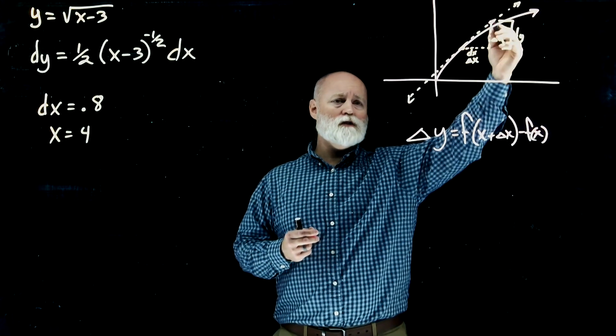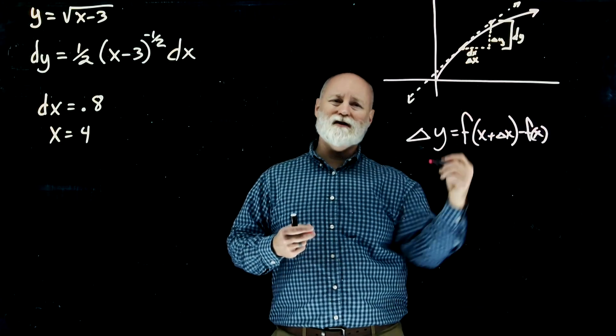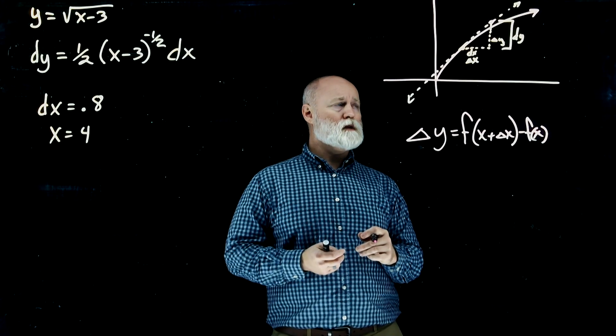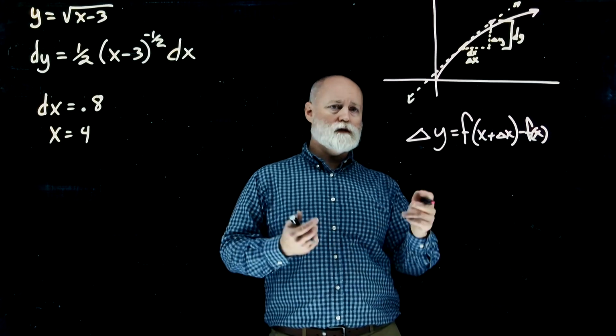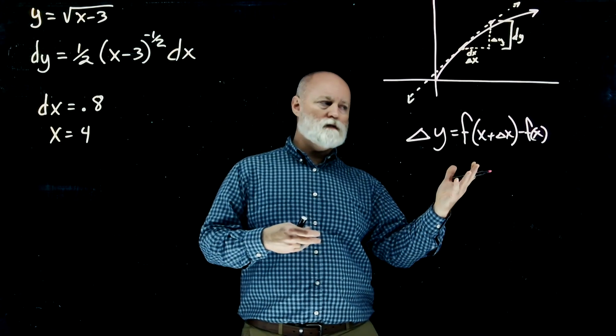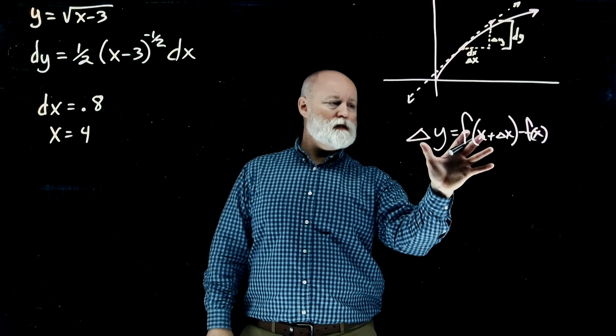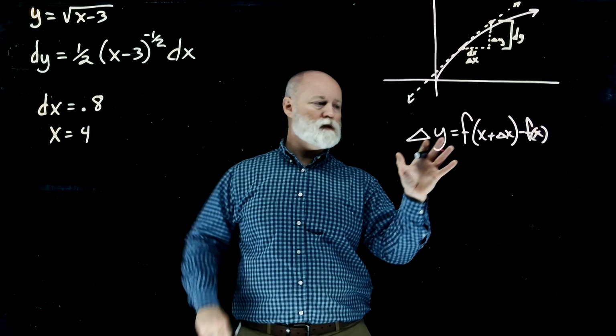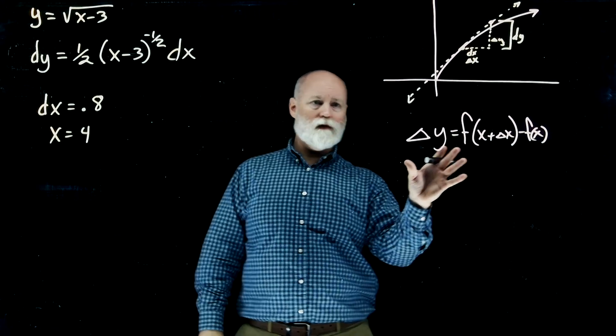So that's the change in y for the tangent line versus the change in y to the next point on the curve, wherever that arbitrary next point is. That's the difference between the dy that we're going to find over here versus the delta y that we're going to find over here.